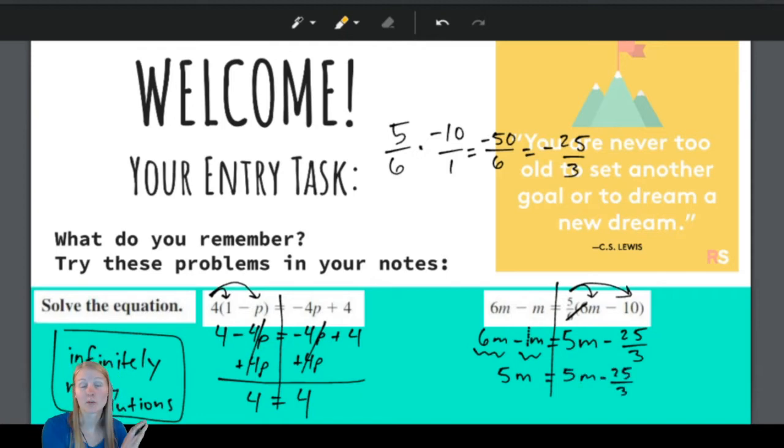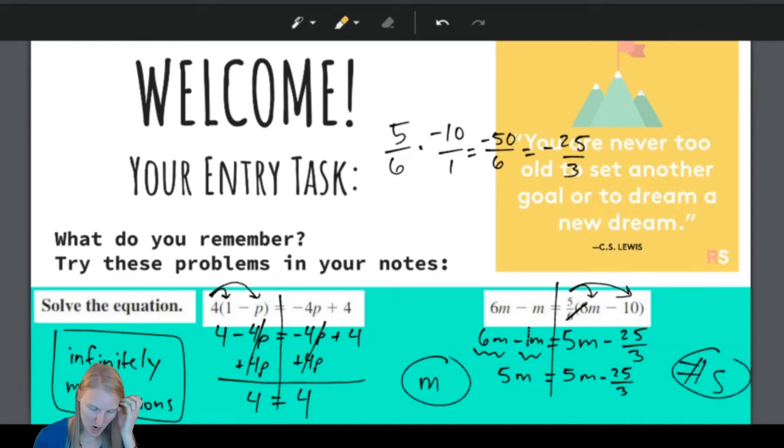Now, variables on one side, numbers on the other side. So I noticed that on this side, all I have is a variable. So I think it will be easiest to get the m's over here and the numbers over here. So I'm going to get rid of this 5m by subtracting it from both sides.